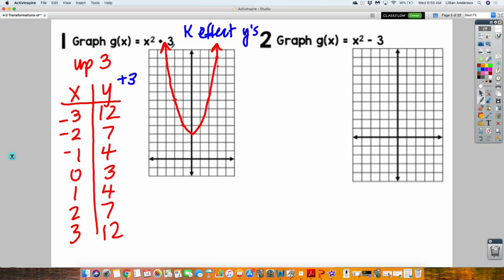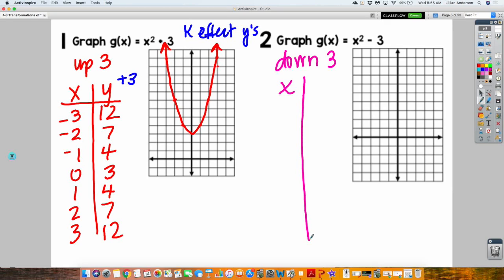What about number 2? What has happened to the original graph, y equals x squared? What's happened to it? It's going down 3 units, okay? Not down negative 3 units, but down 3 units, okay? Which means that, is this going to affect my x's or is it going to affect my y's?